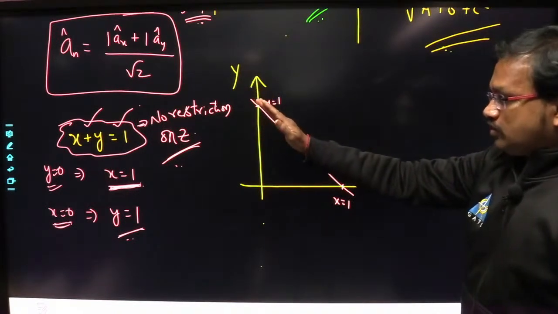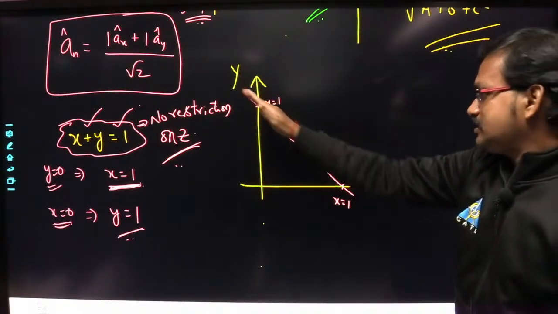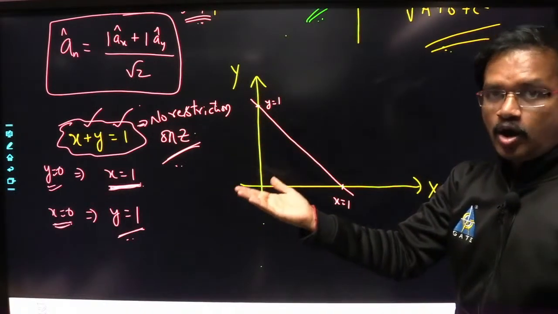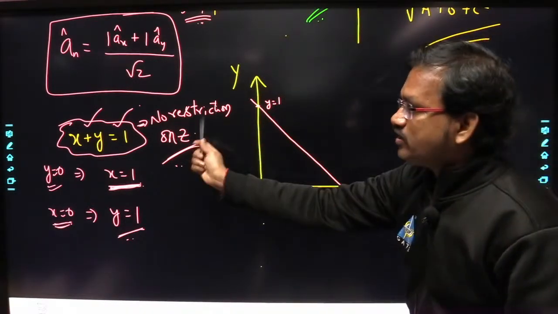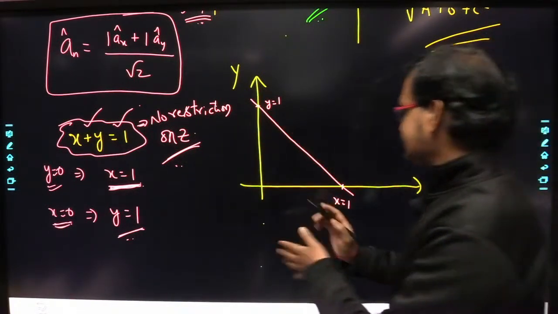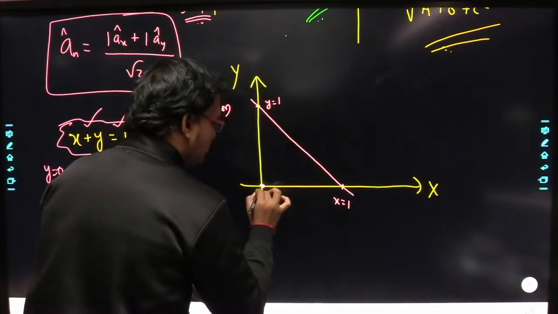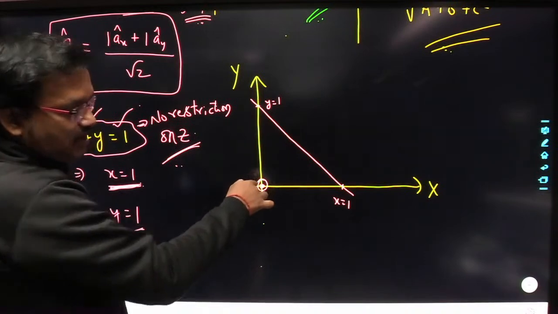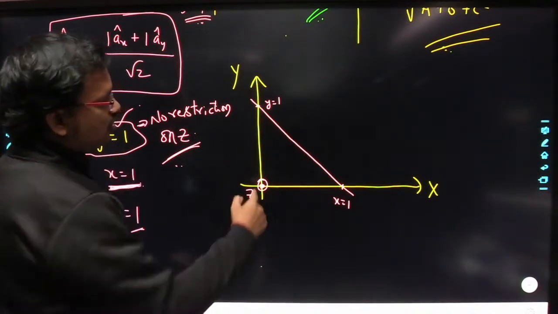Now how will the plane look? There is no restriction on z, so the z-axis is pointing out of the board. Plus infinity will be out of the board, minus infinity will go into the board.